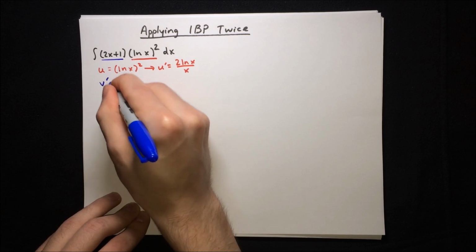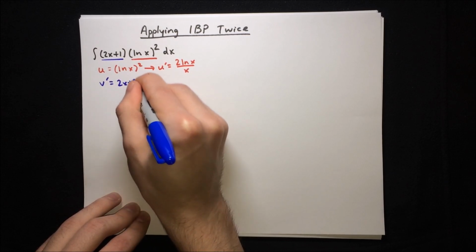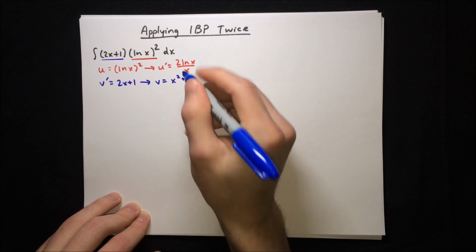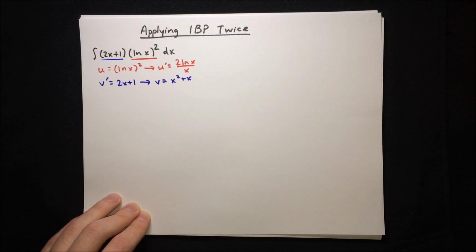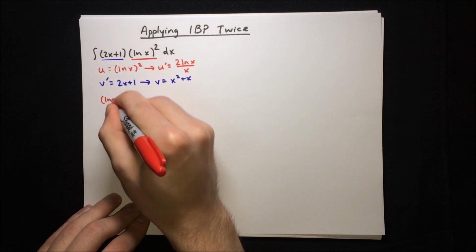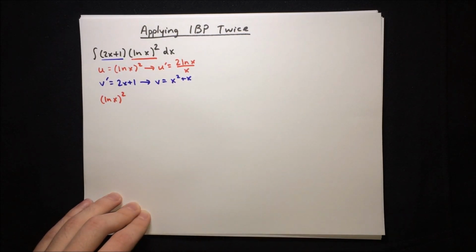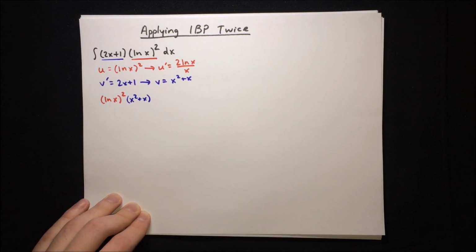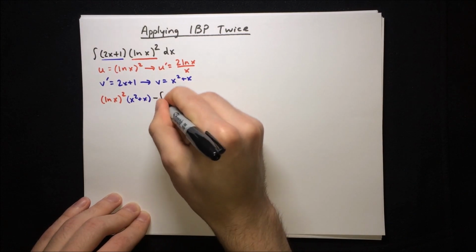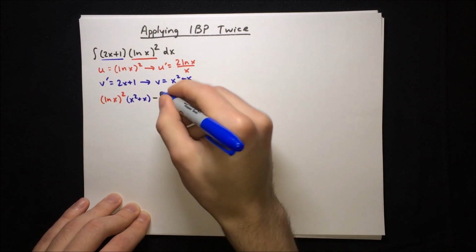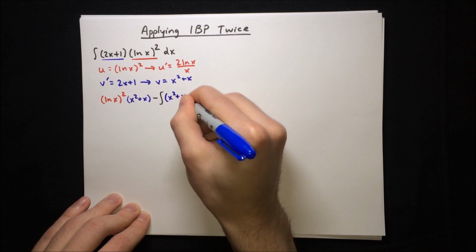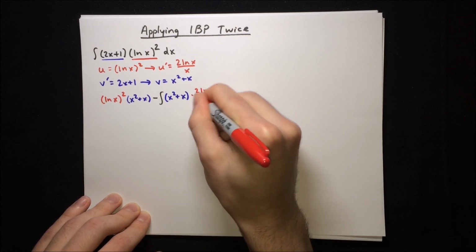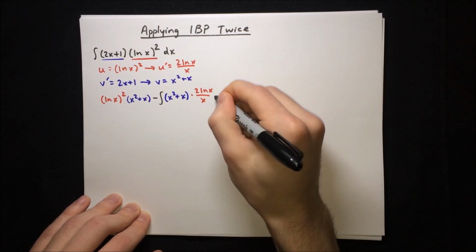So v prime will be our 2x plus 1, which means that v is x squared plus x, and then this integral becomes u, which is ln x squared, times v, which is x squared plus x, minus the integral of v, which is x squared plus x, times u prime, which is 2 ln x over x dx.